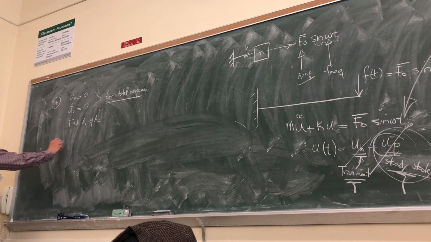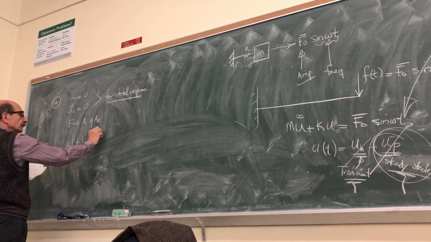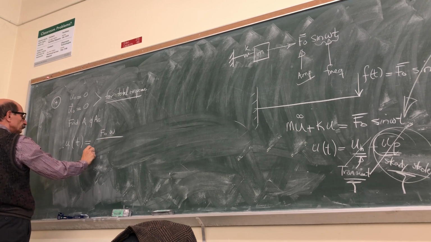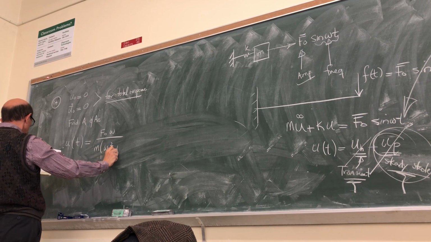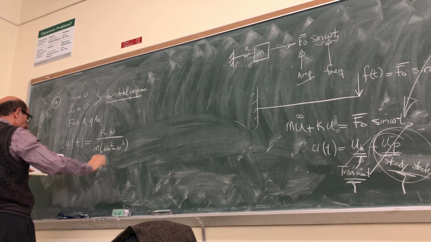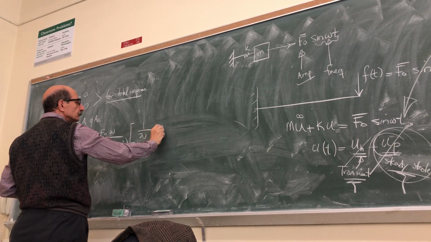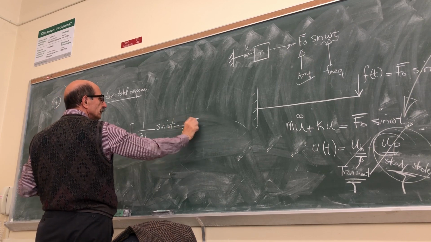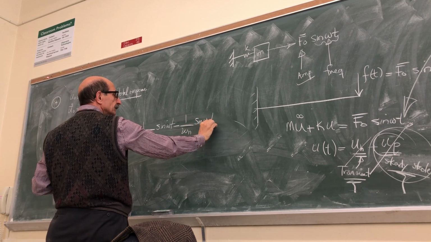If you evaluate it, you get A1 and A2, and the response would have this form: F0 over m, omega_n squared minus omega squared, times 1 over omega sine omega t minus 1 over omega_n sine omega_n t.